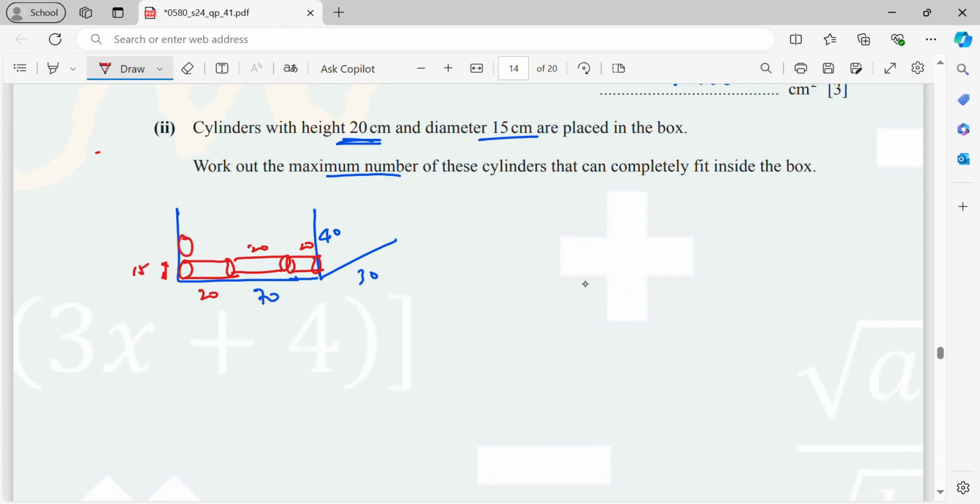Then I can just put another one on top because the height is just 40. Right? And then from here, I will say that my 70, if let's say cylinders placed horizontally.